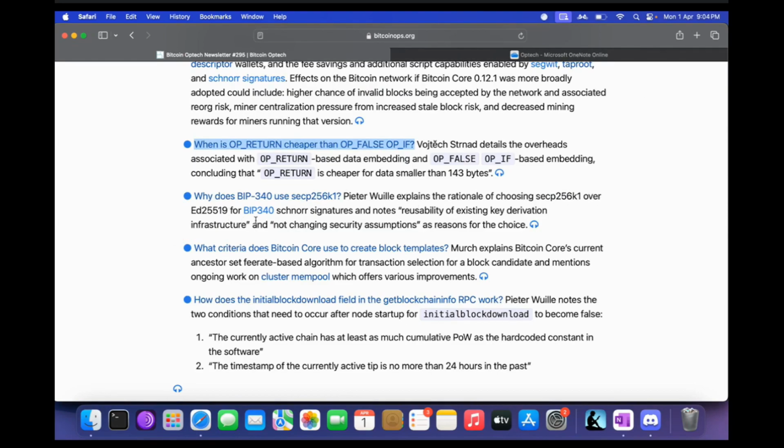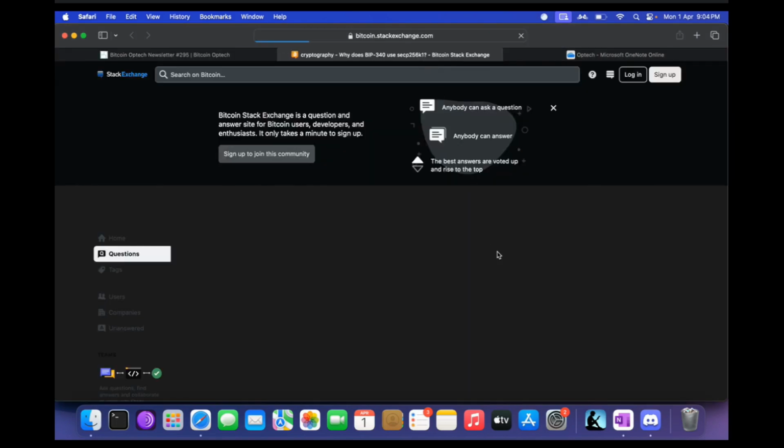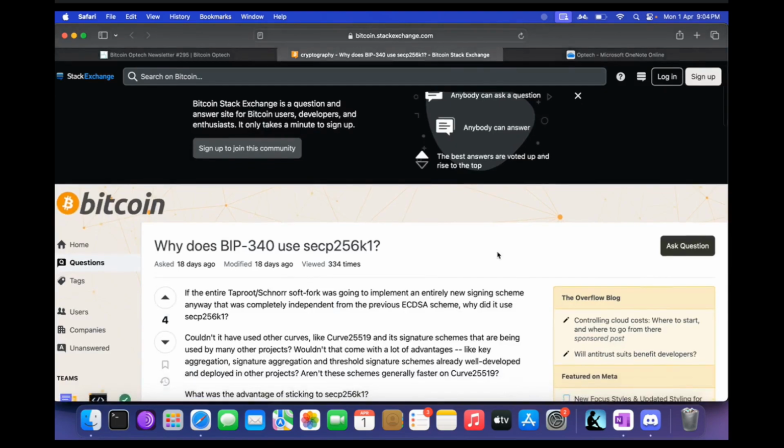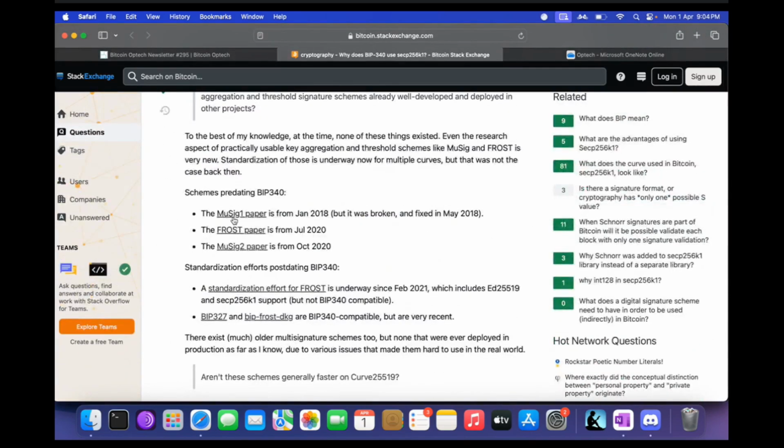Okay. So Pieter Wuille answered this question, and I'll just go through the answer because I think he's mentioned some dates, so I don't want to misquote the dates. MuSig and FROST use Schnorr signatures, and these are proposals that came up in Jan 2018, Jan 2020, and Jan 2021.